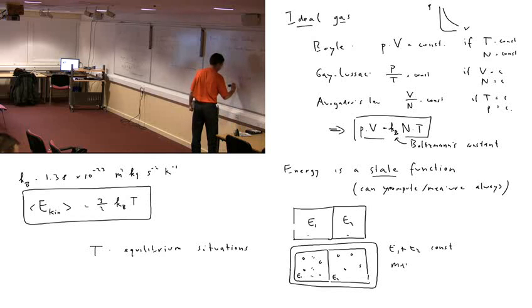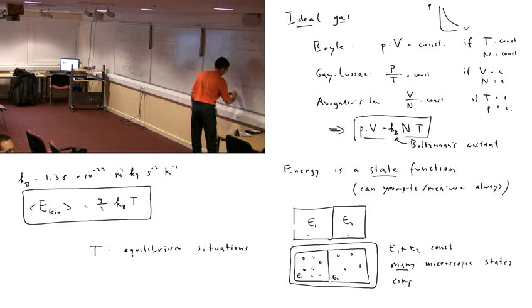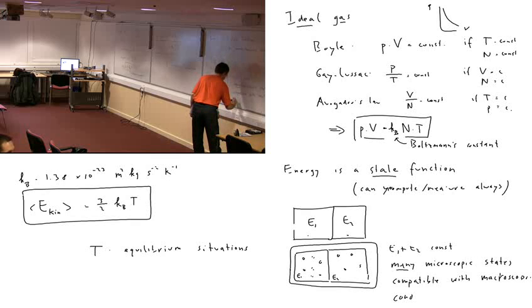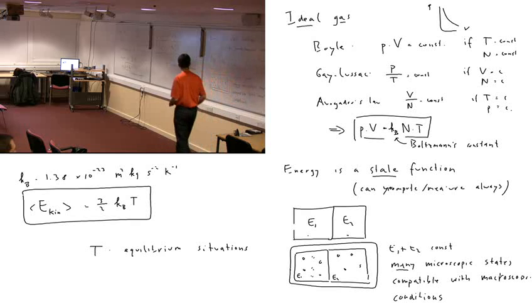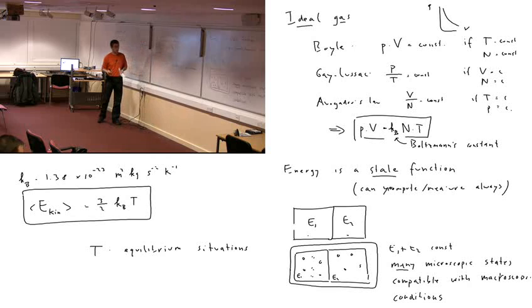So there are many microscopic states which are compatible with the macroscopic conditions. And so it's not such a surprise that you need to know more than the energies in order to say something about whether or not these are in thermal equilibrium.